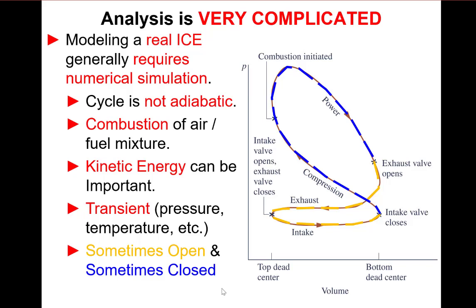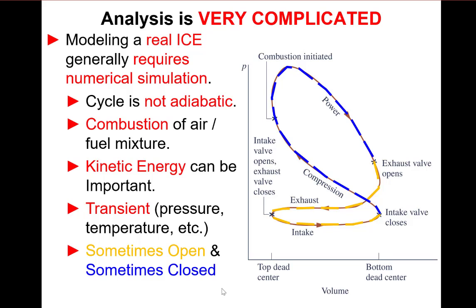Kinetic energy can be important because the piston's moving up and down. And everything's transient, so it's not steady state, right? Furthermore, sometimes the system is open because we talked about those exhaust and intake valves. Sometimes one of those valves is open, and sometimes both of those valves are closed, right?